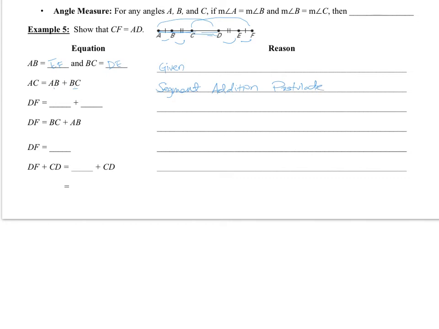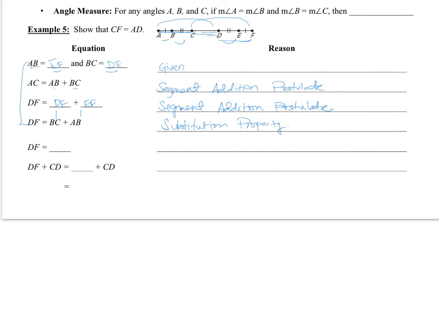And then DF equals DE plus EF, also by the segment addition postulate. And then I'm going to use my given information here. I'm going to substitute in DE for BC and EF for AB. So I'm going to write substitution property.